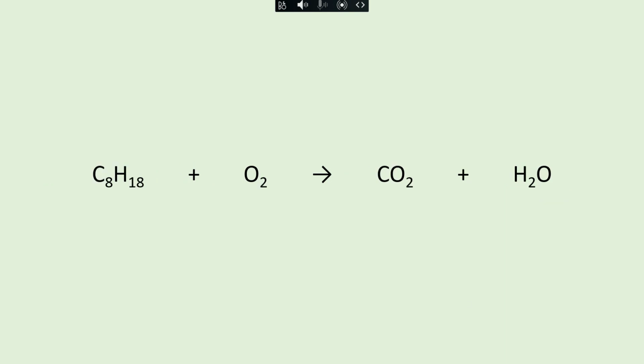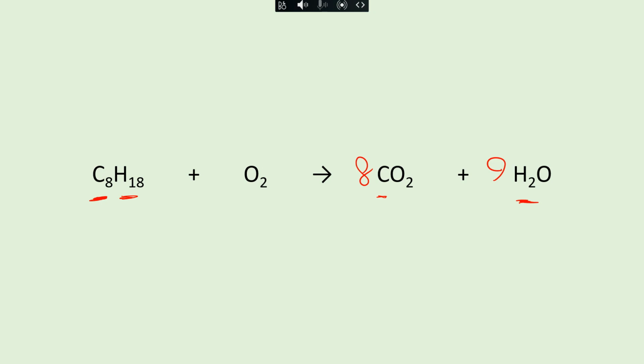A couple more examples. Here we are combusting this alkane. This is octane. We start with 8 carbons. The only place we have carbon is here, so we're going to have 8 of them. We have 18 hydrogens. The only place we have hydrogen is in this water molecule, so we have to use 18, but each water uses 2, so we're going to have 9 water molecules.